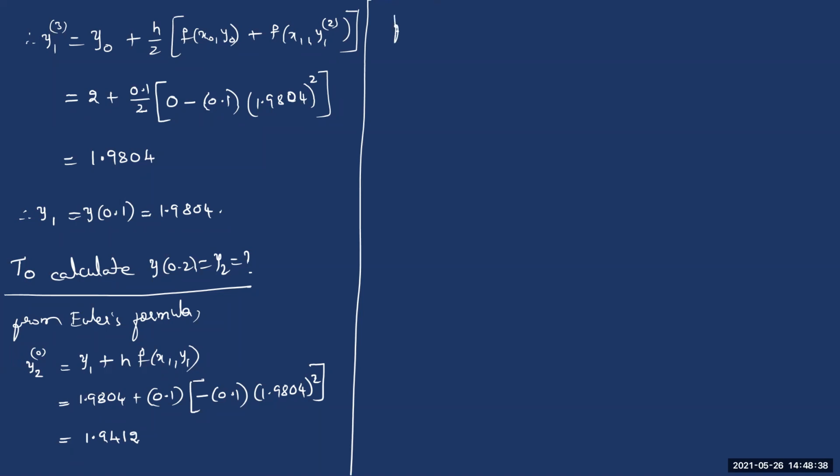Now let me calculate the remaining approximations from modified Euler's method. So from modified Euler's method, if you just write the formula once, y2 (n plus 1)th approximation is equal to y1 plus h by 2 times f of x1, y1 plus f of x2 comma y2 nth approximation.